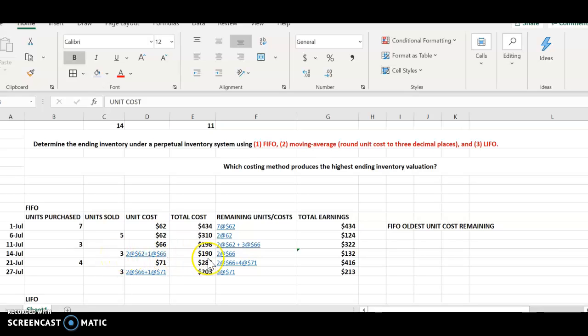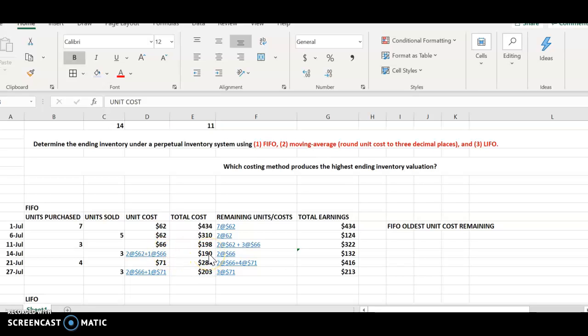And then on July 14, we sold 3 of our units. We sold 2 at the price of 62 because it's the oldest, and then 1 at the price of 66. So we multiply 2 times 62 plus 1 times 66, which gives us 190.